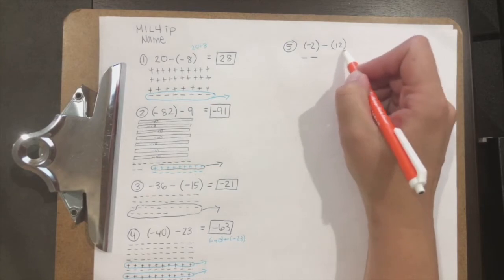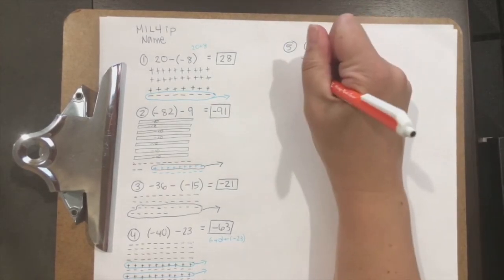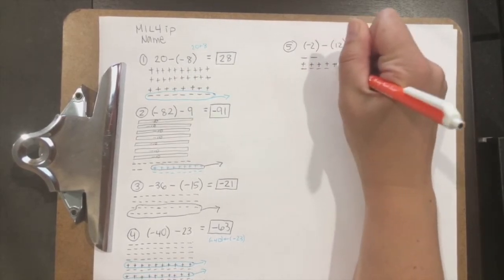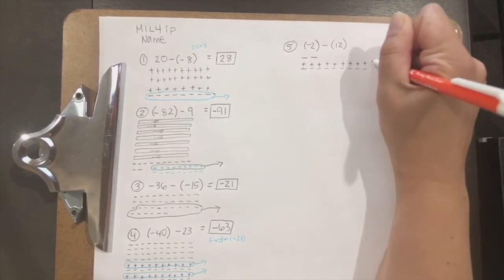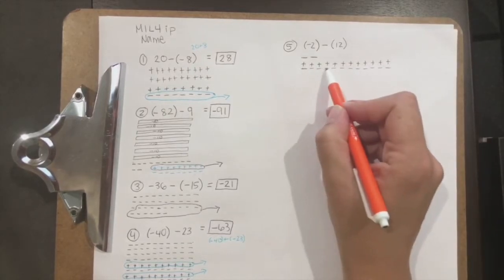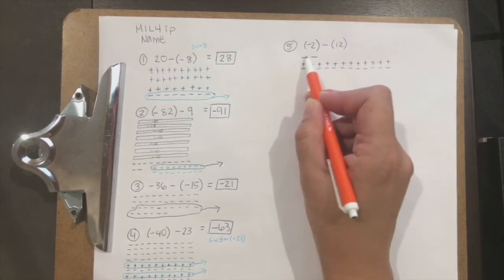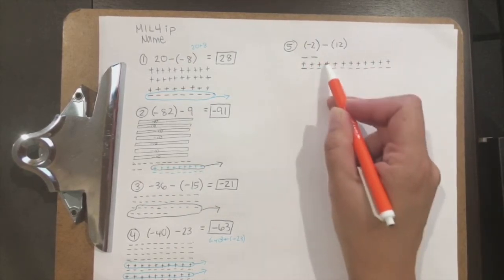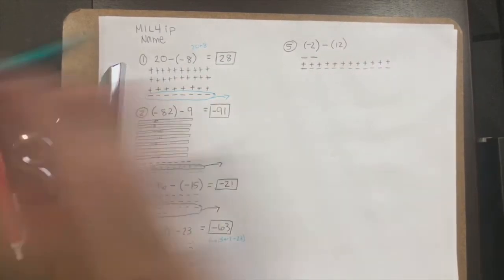So I need 12 zero pairs so that I can take away 12 positives. 1, 2, 3, 4, 5, 6, 7, 8, 9, 10, 11, 12. So there are 2 negatives and 0. So this is still negative 2. Let's go ahead and take away 12 positives.